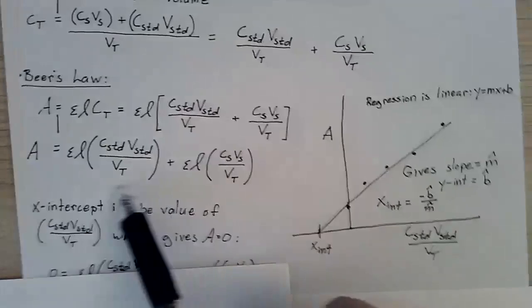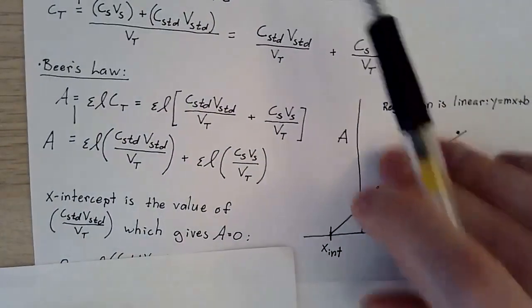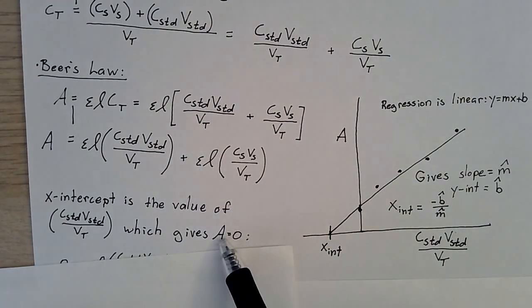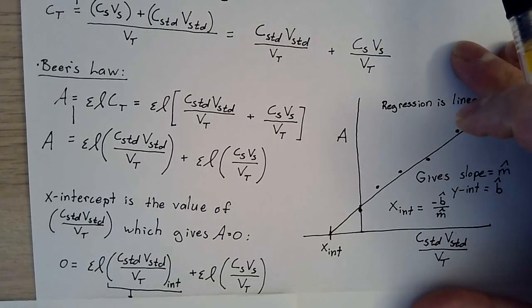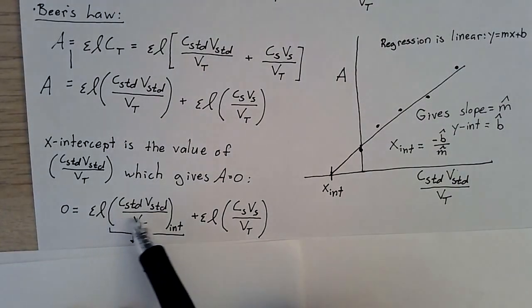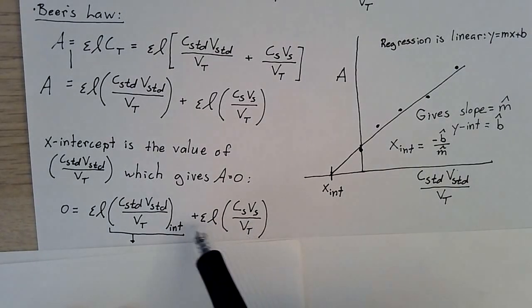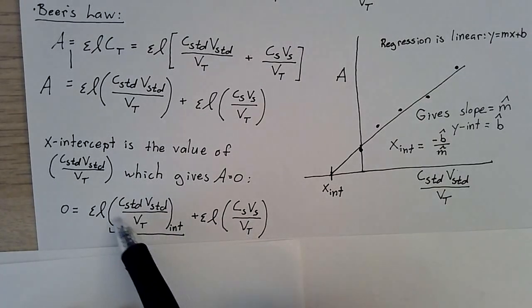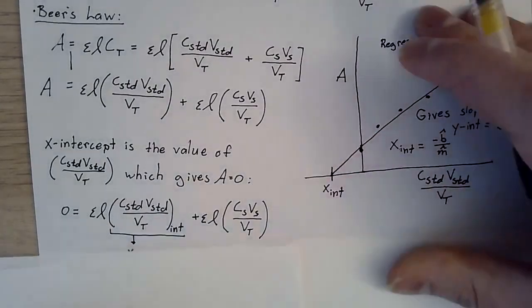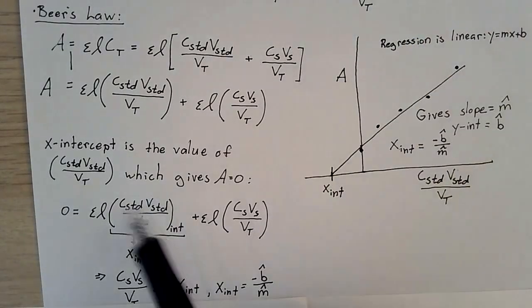We need to write this equation with absorbance equals 0. If we do that, we just simply write 0 equals, and then the rest stays the same. But we mark int on this quantity because we're noting that it is the portion that corresponds to the x-intercept. And in fact, it is equal to the x-intercept, right?